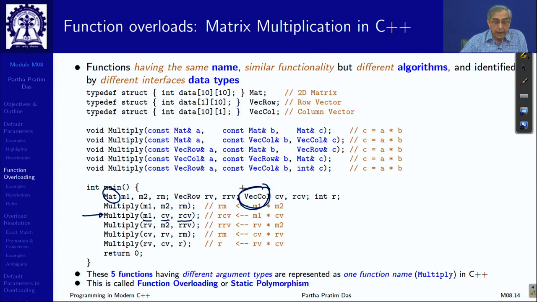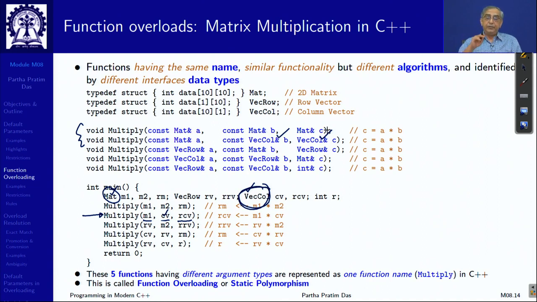Out of the 5, I will look for that particular overloaded function which matches this type. The first one is mat, which means it could be any of these two. The second one is vec_col, which means it has to be this. I already have a unique function, and the third one has to match this, otherwise it is an error.